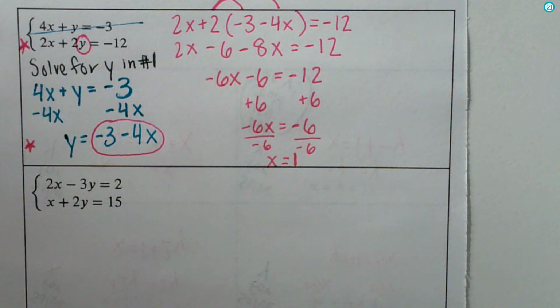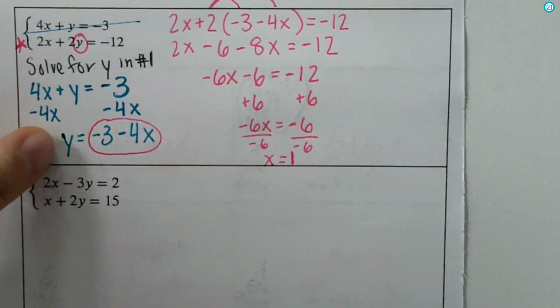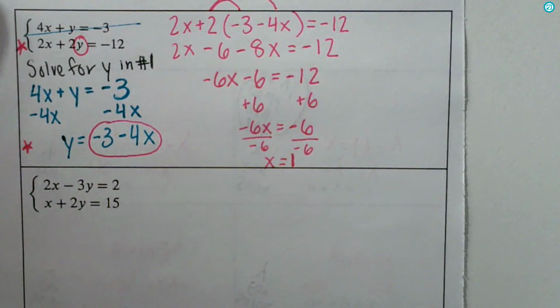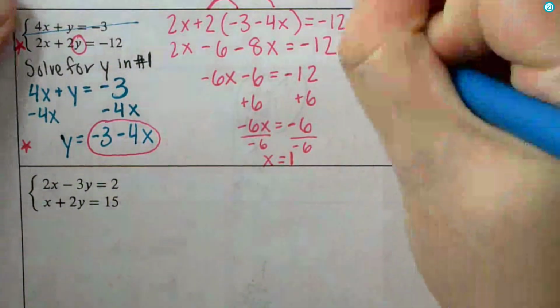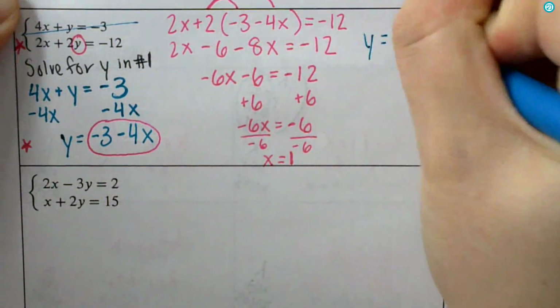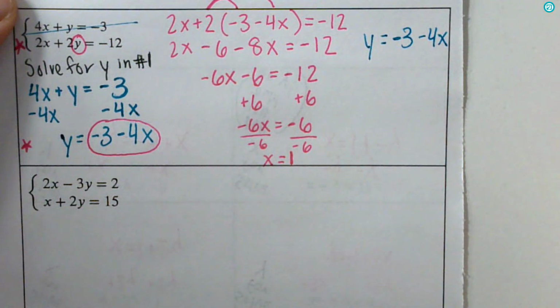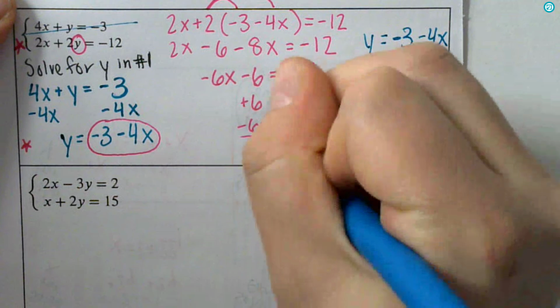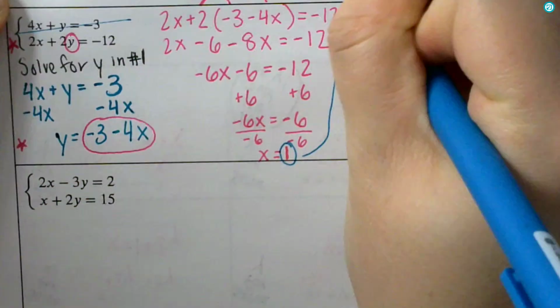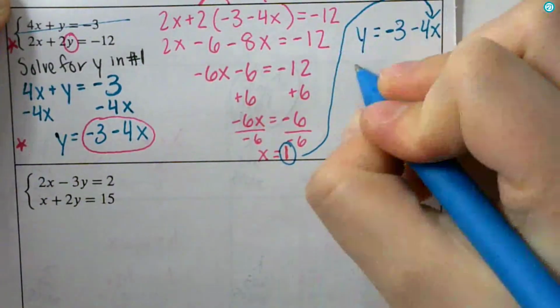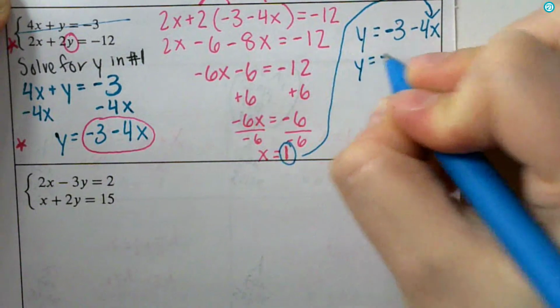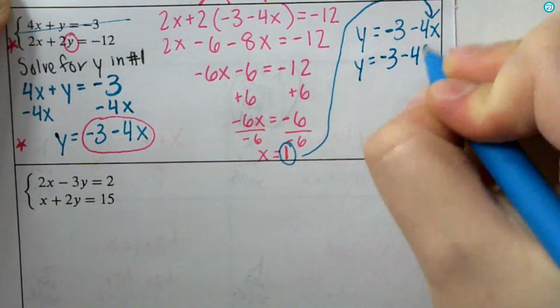Okay, we are ready for steps 4 and 5 then, which is now that we've solved for x, we need to solve for y. We handy dandy have this equation that's y equals. So we're going to take that equation, the y equals negative 3 minus 4x, and we are plugging in the 1 we just got. We can plug that in for x. So now I've got y equals negative 3 minus 4 times 1.